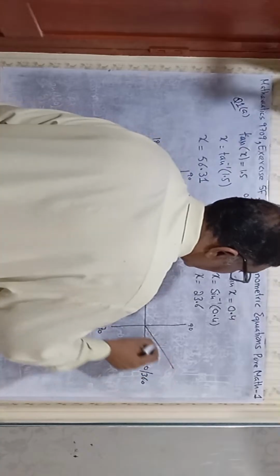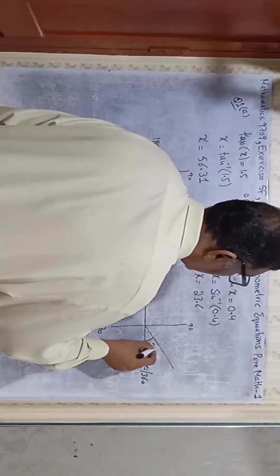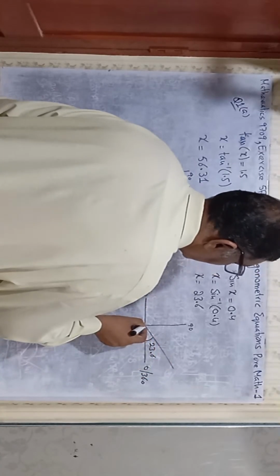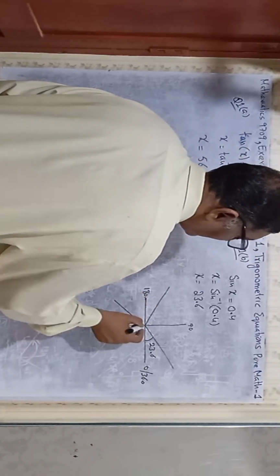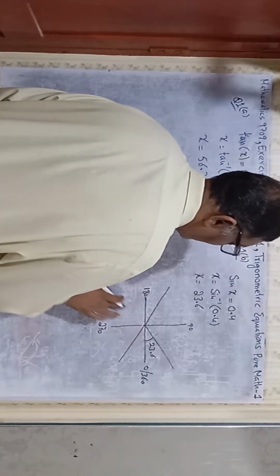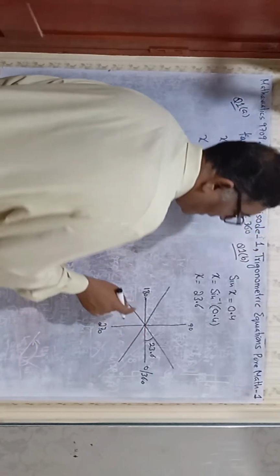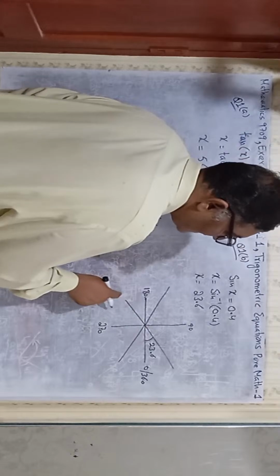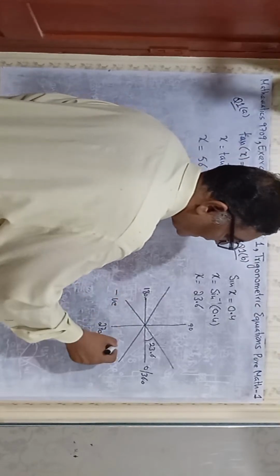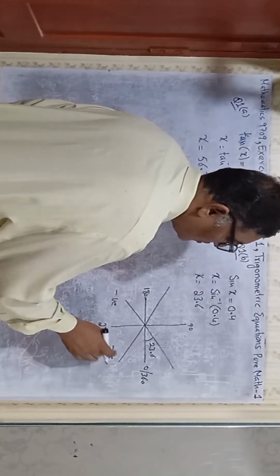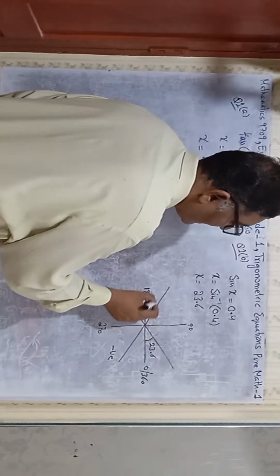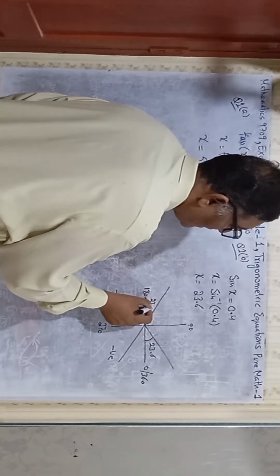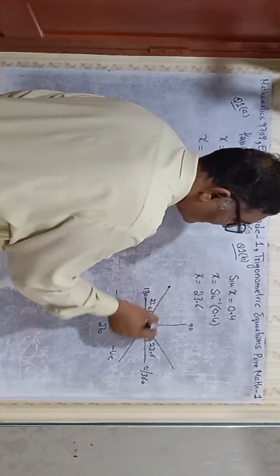So here this angle is 23.6. The same angle we will have in the other quadrants. The problem is that the sign in those is negative, so we are going to ignore them because sine here is positive. So this base angle will also be 23.6. What will be this angle?